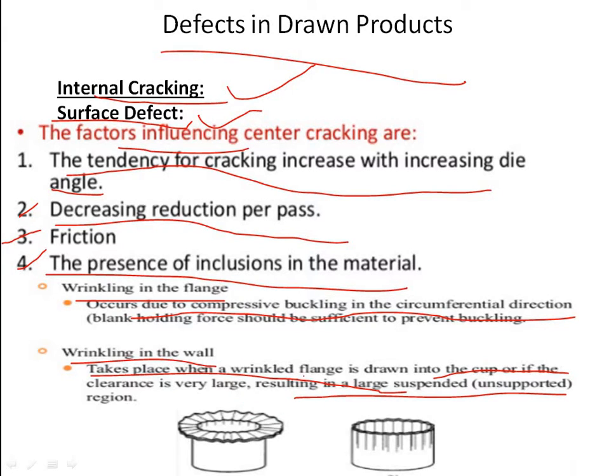Here you can see the unsupported region. Below you can see figure 1 and figure 2, which show how the defects are caused in drawn products.